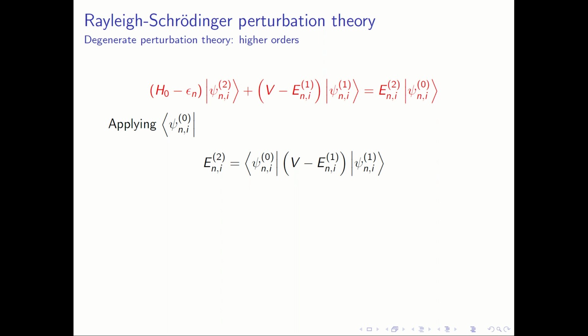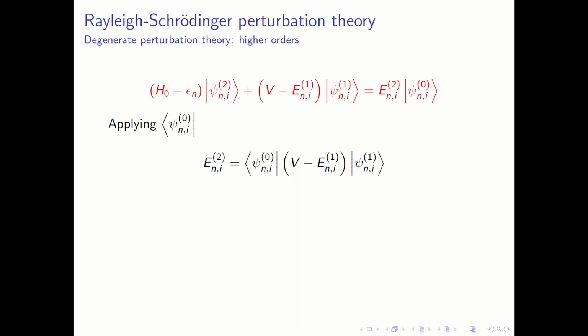And now comes the crux. Remember, this formula uses psi 1 ni, and we have a piece of psi 1 ni, the piece which is in the original degenerate eigenspace, which cannot be determined by perturbation theory at all.